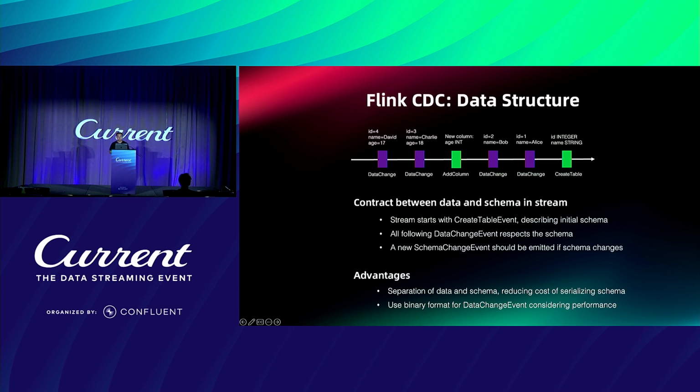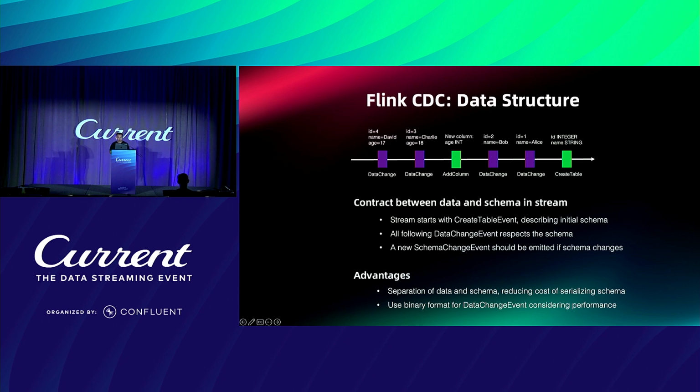So when should we send the schema change event in the stream of Flink CDC? The event stream in Flink CDC includes data change events and schema change events. We follow three contracts. The first one, the stream will start with a create table event describing the initial schema.